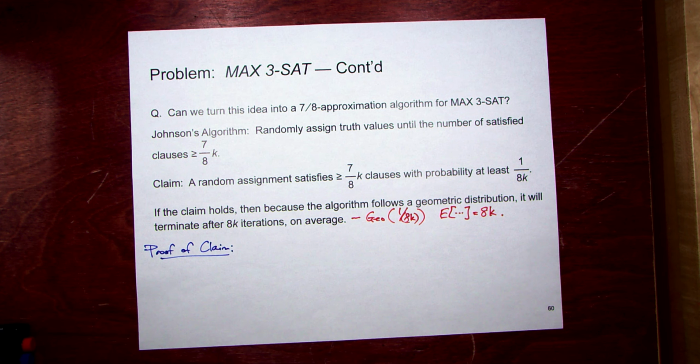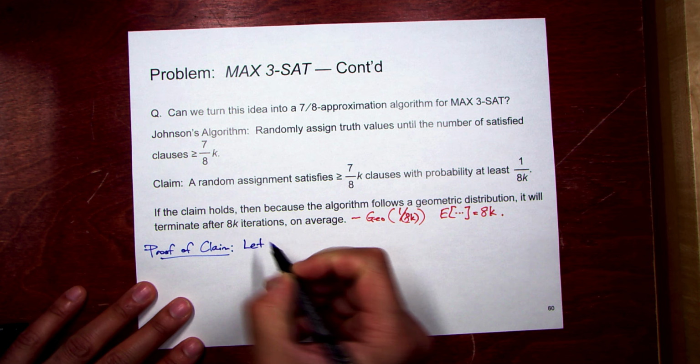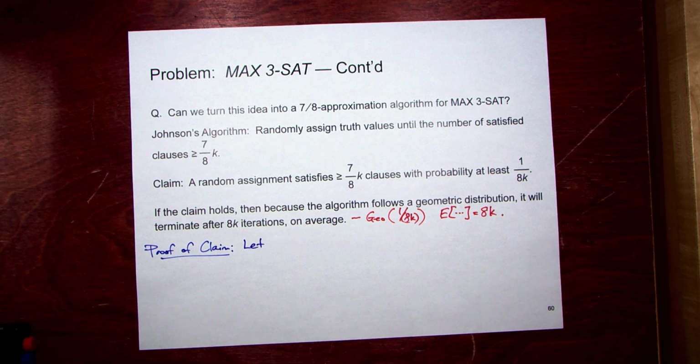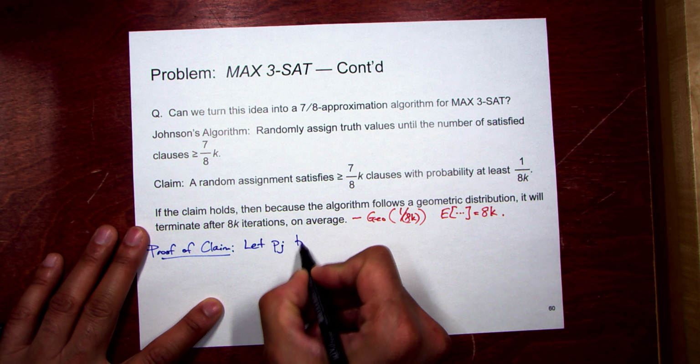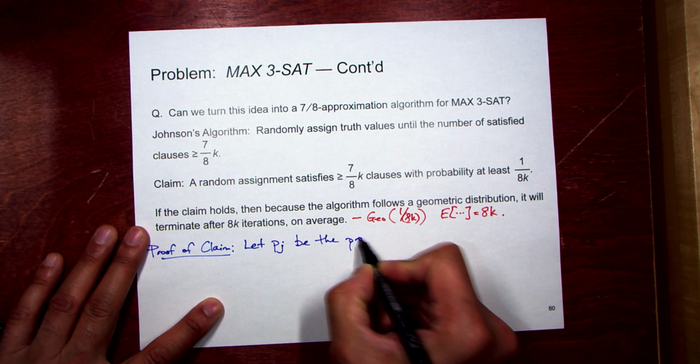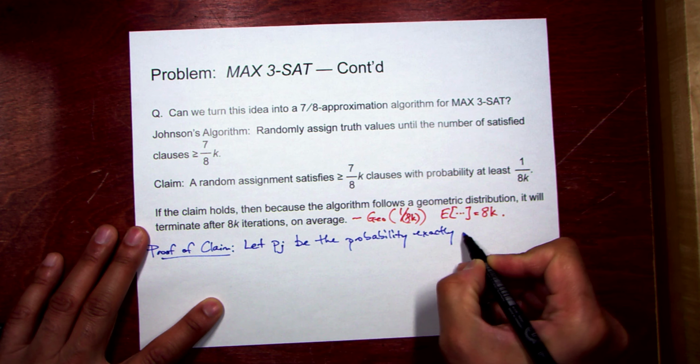Okay, so the rationale here is to use integer rounding, and I'll show you what the key step is. It's not a very difficult thing, but we use integer rounding to make sure that we can't just have the bulk of the distribution sitting epsilon below 7/8. Okay, let's define a quantity. P sub j is the probability exactly j clauses are satisfied.